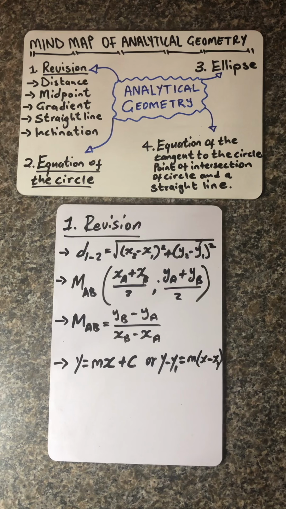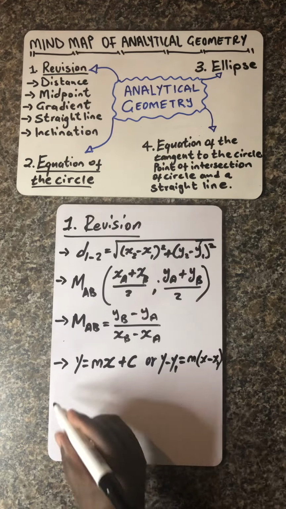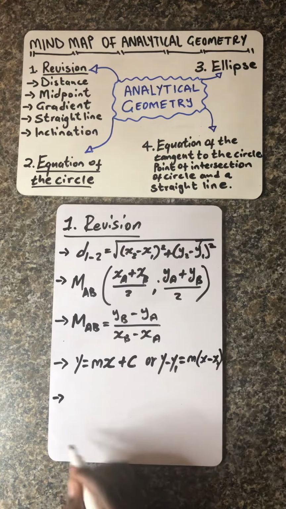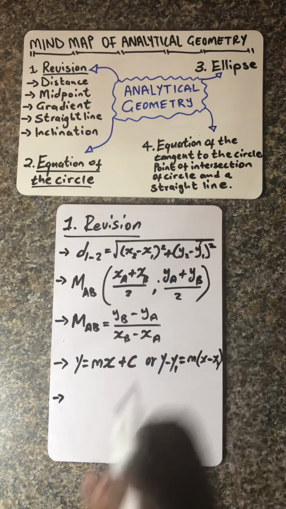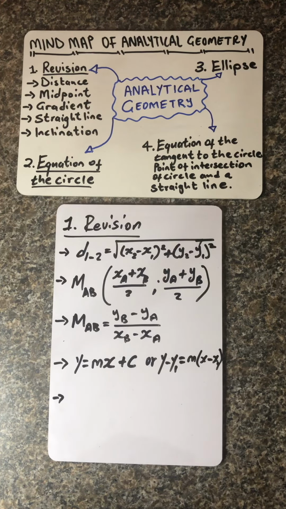So now, what's the other thing? The angle of inclination, ladies and gentlemen. Just to add on to this information that I've written, in most cases when we're dealing with analytical geometry, you need to also understand parallel lines.